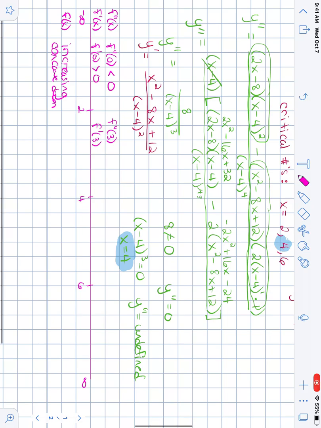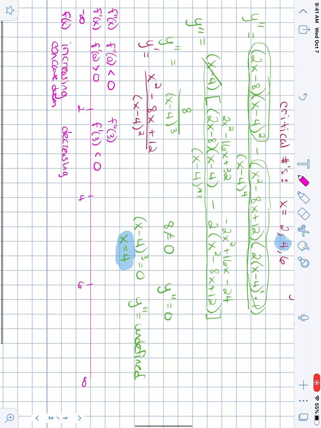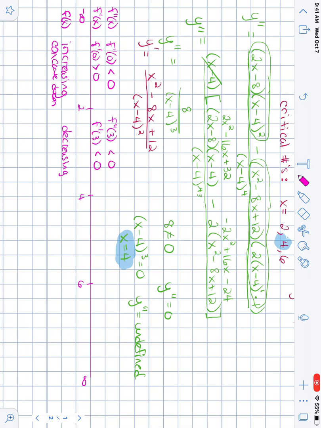So negative divided by positive, that means that the first derivative is negative, which means the function is decreasing on that interval. If I plug 3 into the second derivative, 3 minus 4 is a negative number cubed is negative, so still concave down. That's a down arrow if you weren't sure.